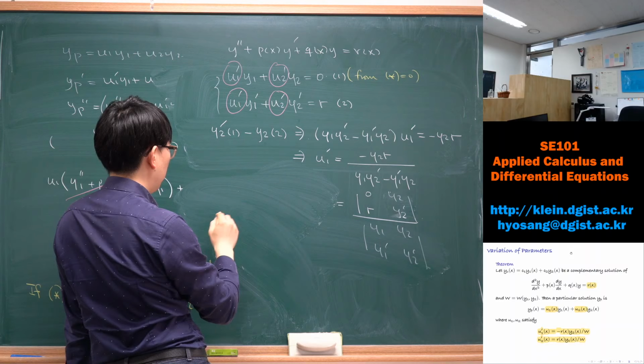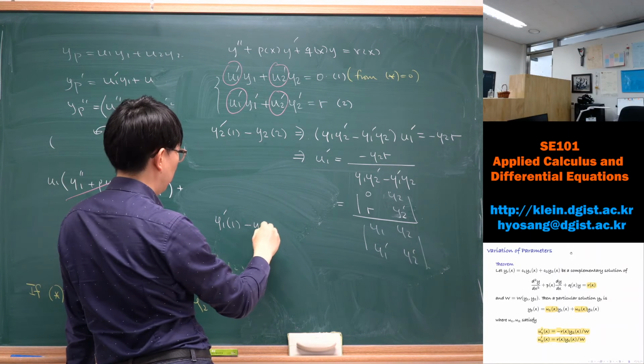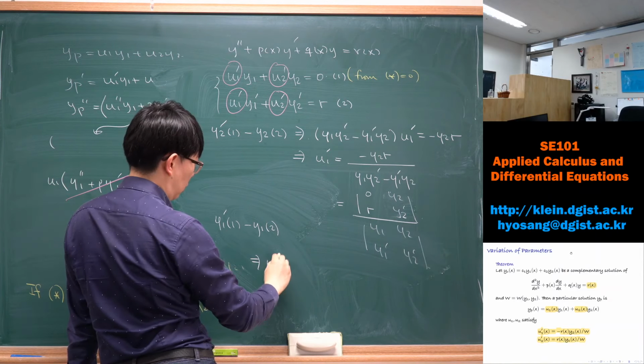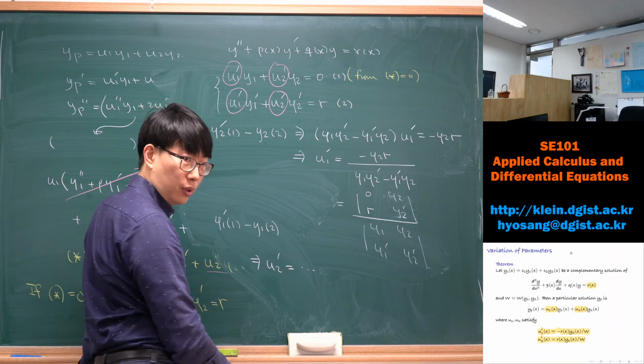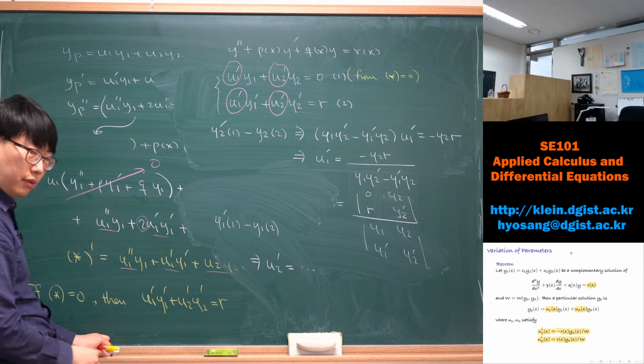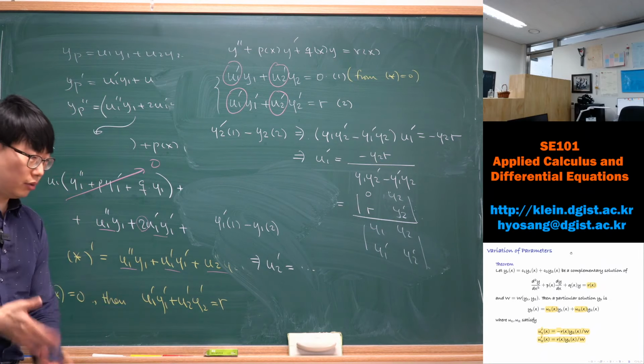You can multiply y1 prime on the first equation, subtract y1 times the second equation, then you get the solution, expression for u2 prime, and so on. So that's how you get the variation of parameters.